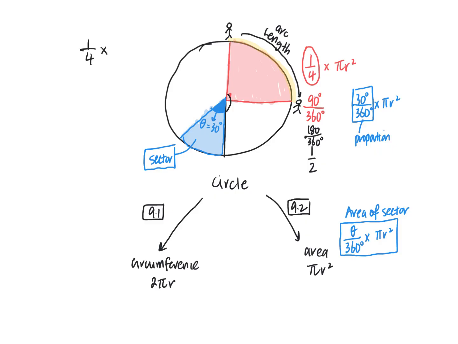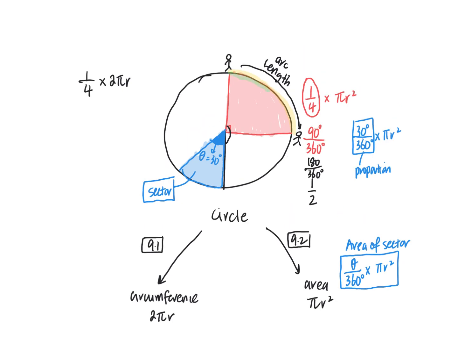1/4 of circumference. Right? And then if I ask you to run the whole path from here all the way up to here, it will be half of 2 pi r. So actually it doesn't matter which fraction we are talking about.